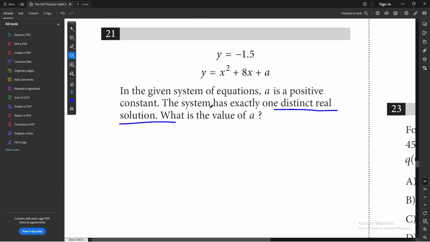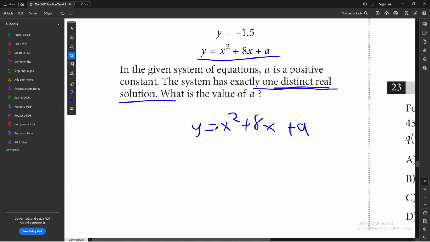So if a system has exactly one distinct real solution, what we can say is this: y equals x squared plus 8x plus a. This is actually a square of something.